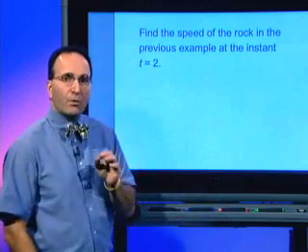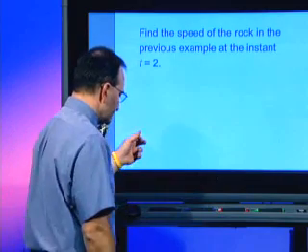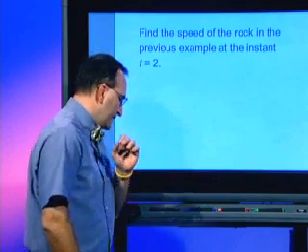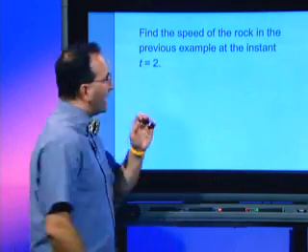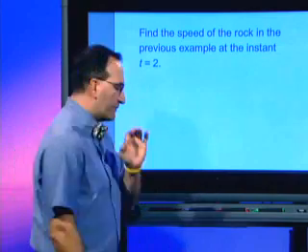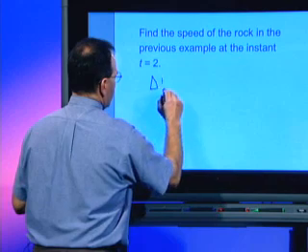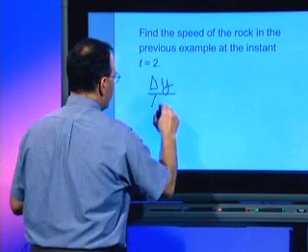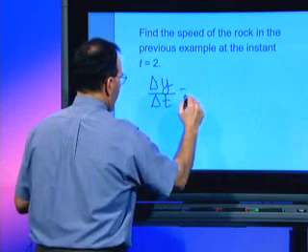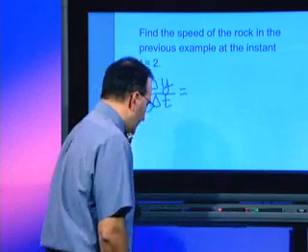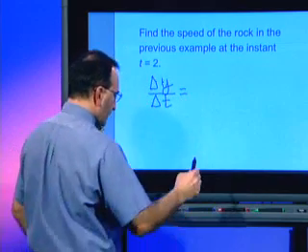In that case, what we have to look at is that the speed is the delta y divided by delta t in the following formula.